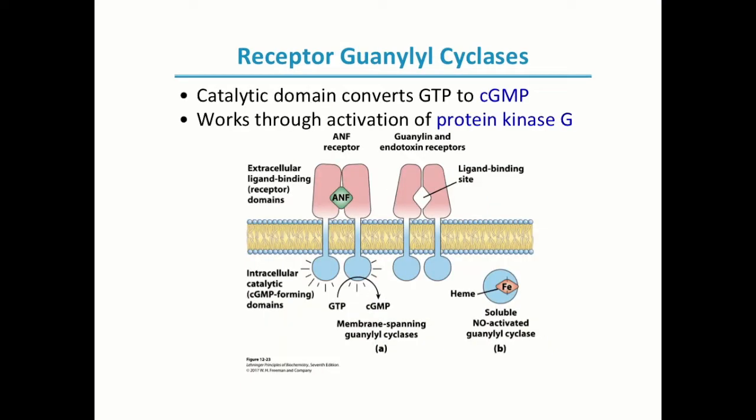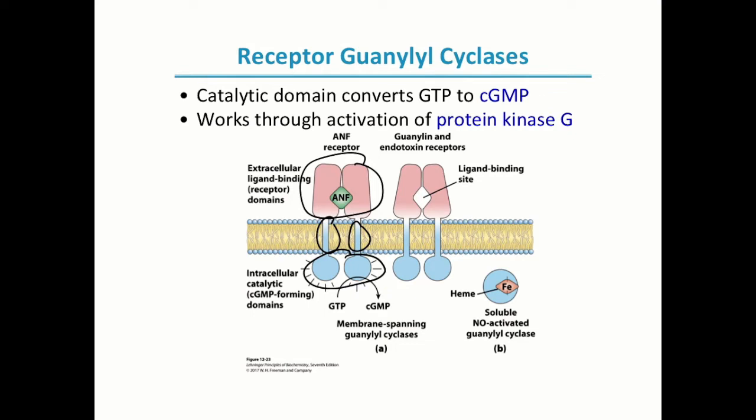Here are two examples of receptor guanylyl cyclases. In the receptor shown on the left, this is a type of homodimer with a single membrane spanning segment shown here. And this connects the extracellular ligand binding domain to the intracellular guanylyl cyclase domain.